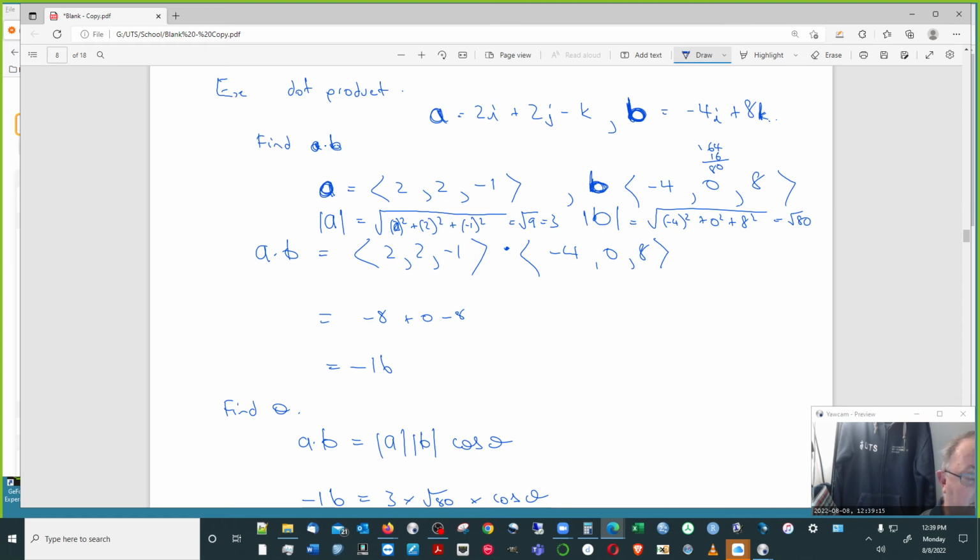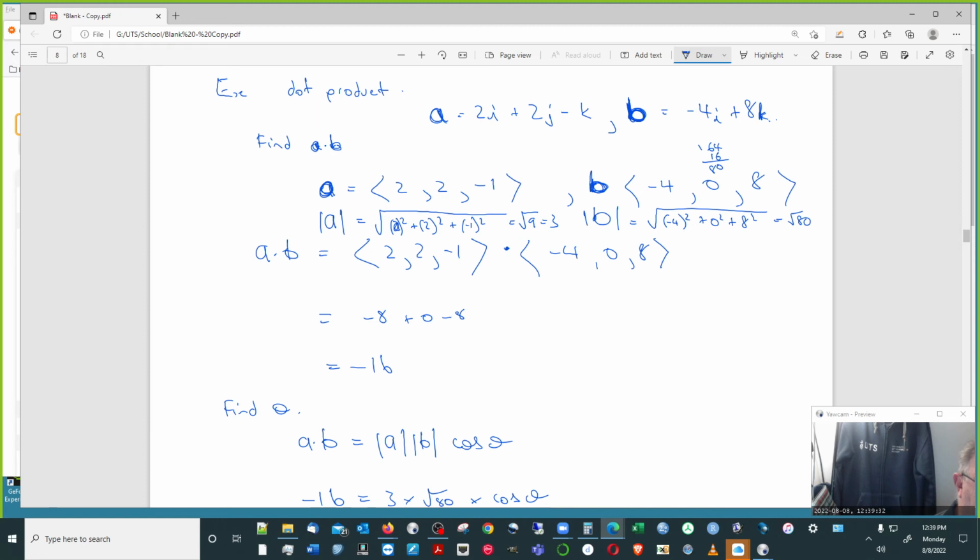No, because the unit vector comes up. The unit vector comes up when you do your projections. Okay. So I think we're okay there.